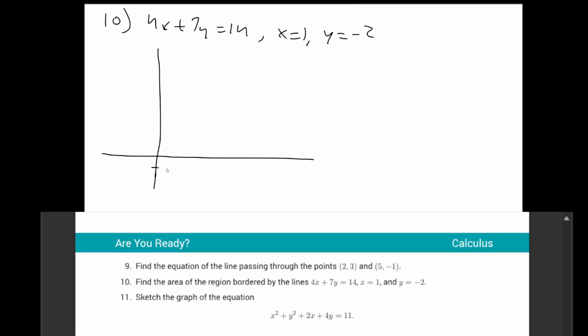So this would be negative 1, this would be negative 2, this would be the line y equals negative 2. I can use some color here. This is y equals negative 2, and then x equals 1. That'll look something like this.